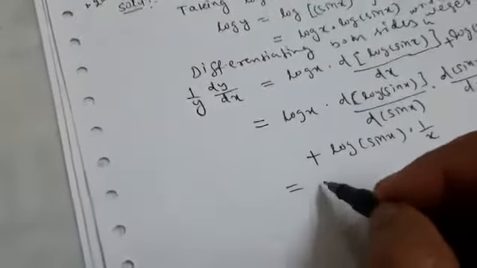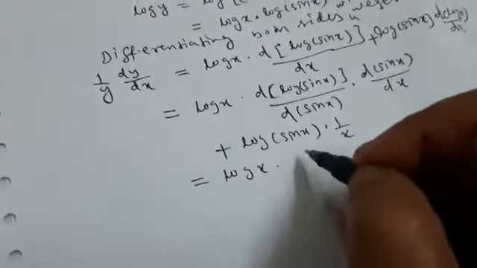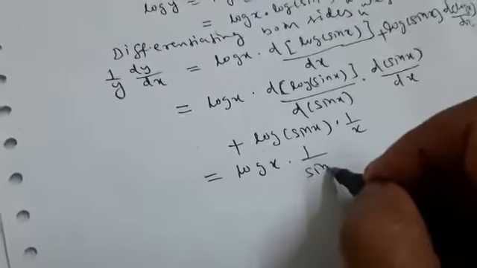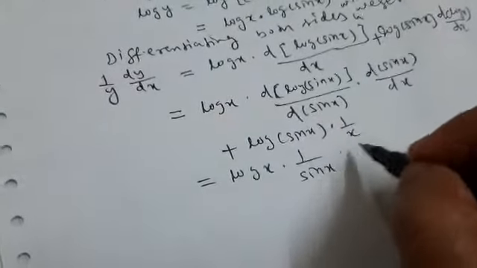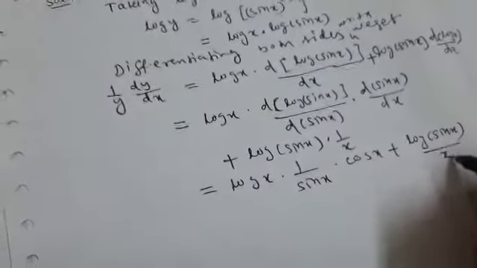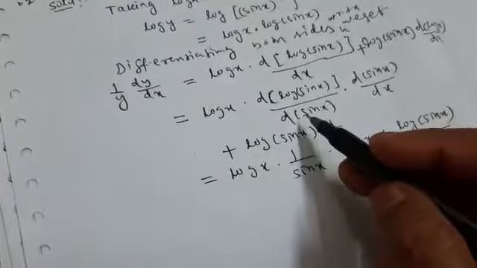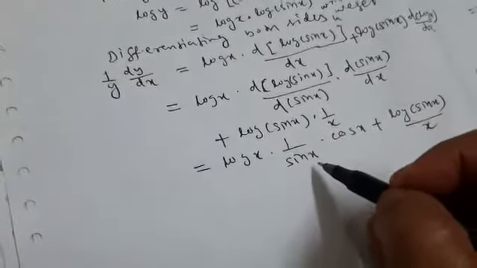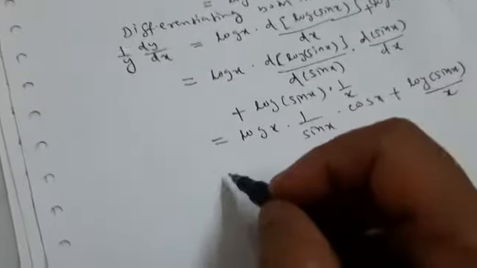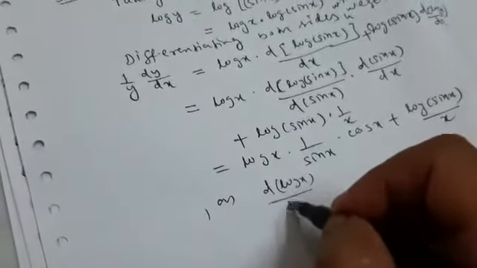So this is equal to log x into 1 by sin x into derivative of sin x, which is cos x, plus log sin x by x. So derivative of log sin x with respect to sin x is 1 by sin x, as derivative of log x with respect to x is equal to 1 by x.